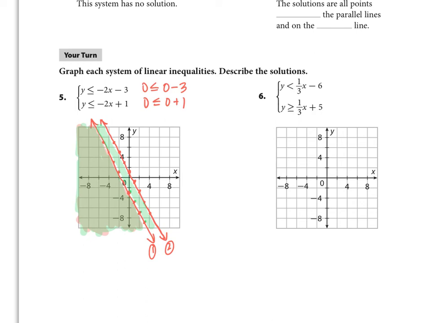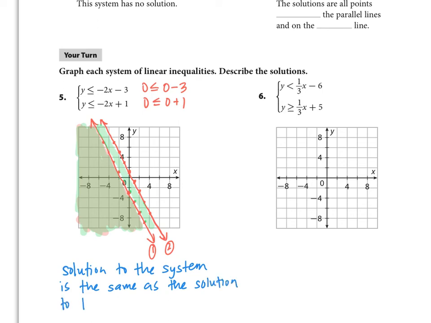So to describe the solution, it would be something like: the solution to the system would be the same as the solution to the first inequality, which is y is less than or equal to negative 2x minus 3.